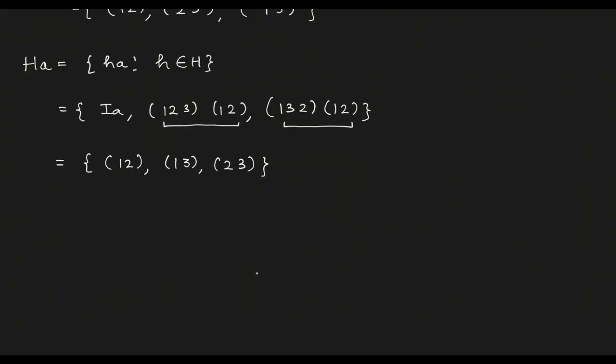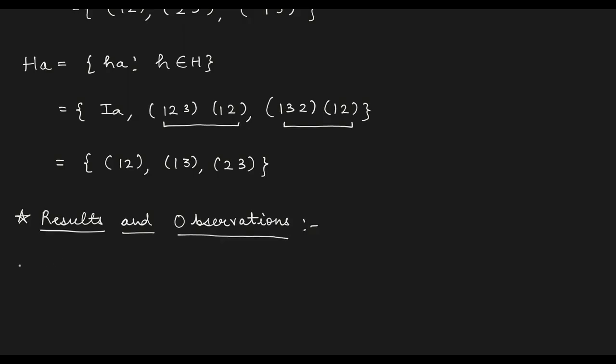Now some results and observations. First, cosets are usually not subgroups.